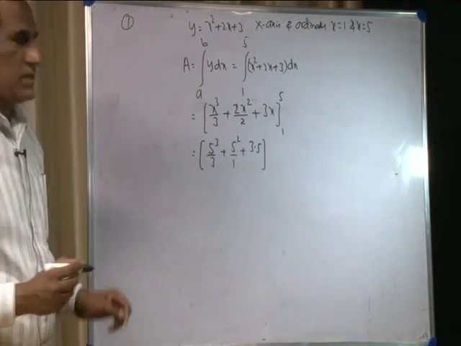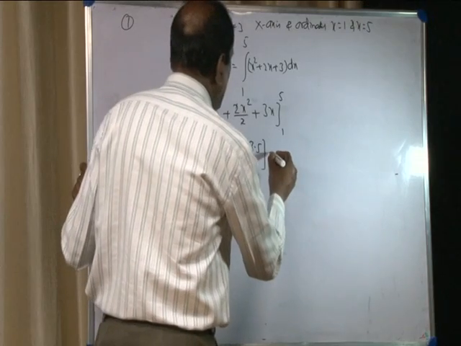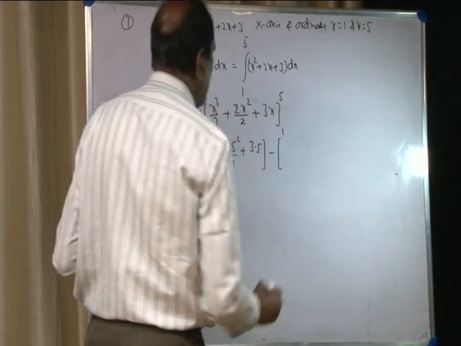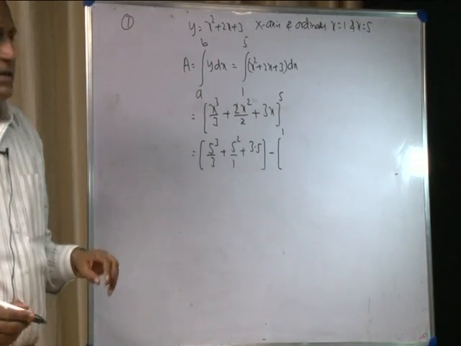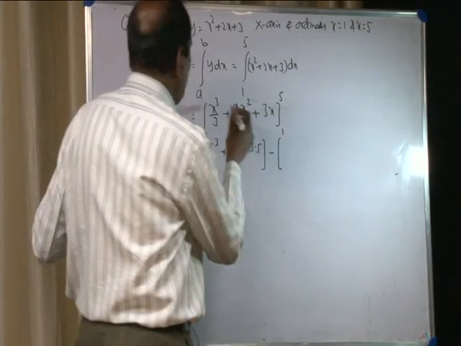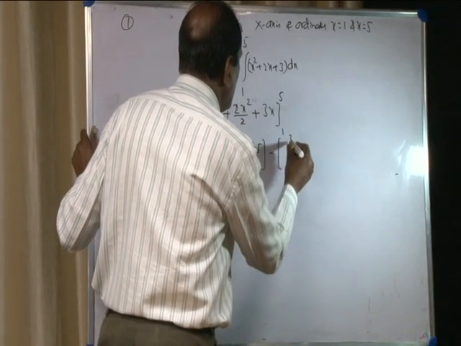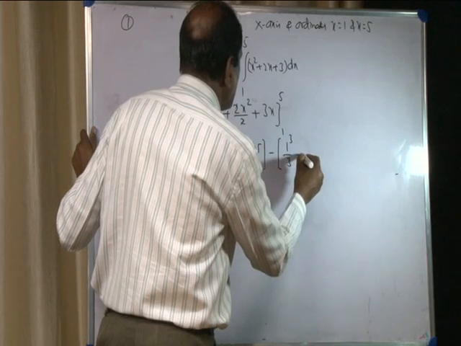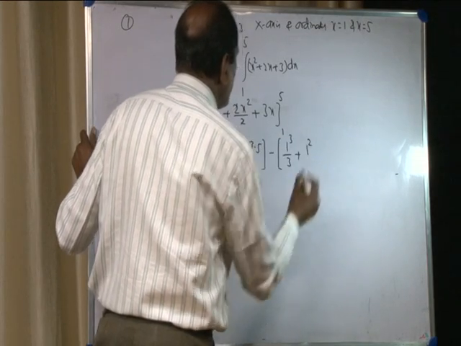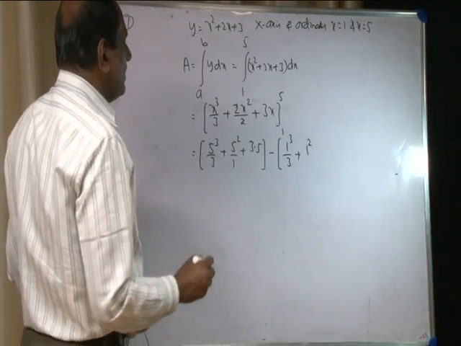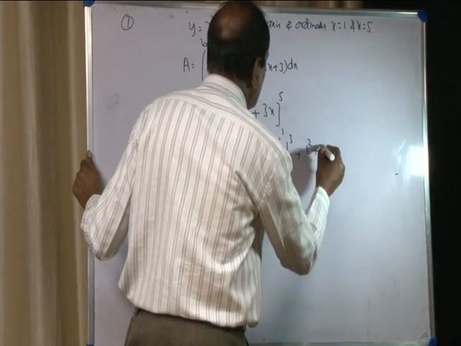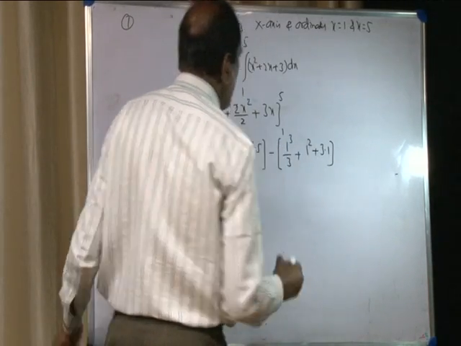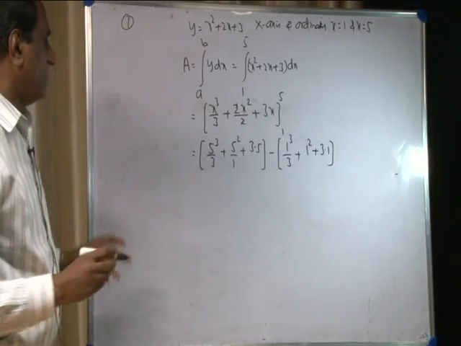Minus, write another bracket and apply the lower limit. Lower limit is 1. So, 1 cube by 3 plus 1 square plus 3 into 1, close the bracket.